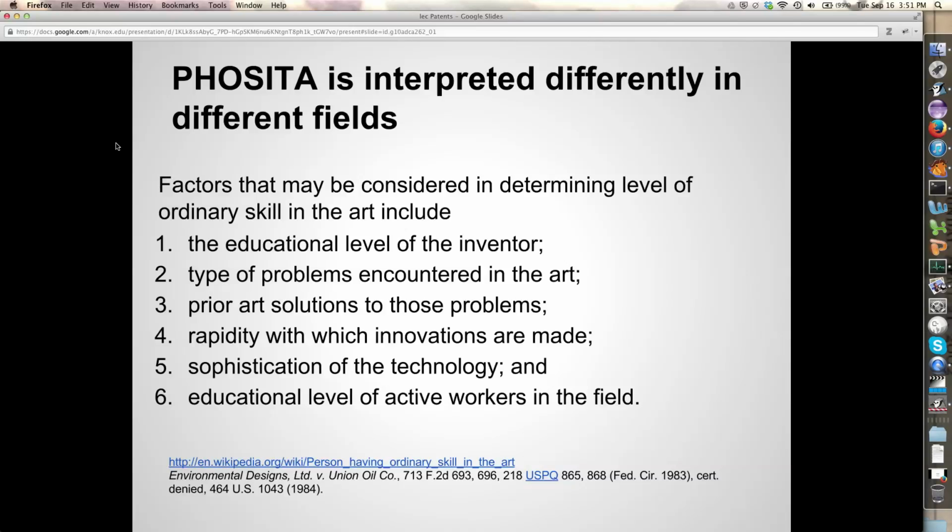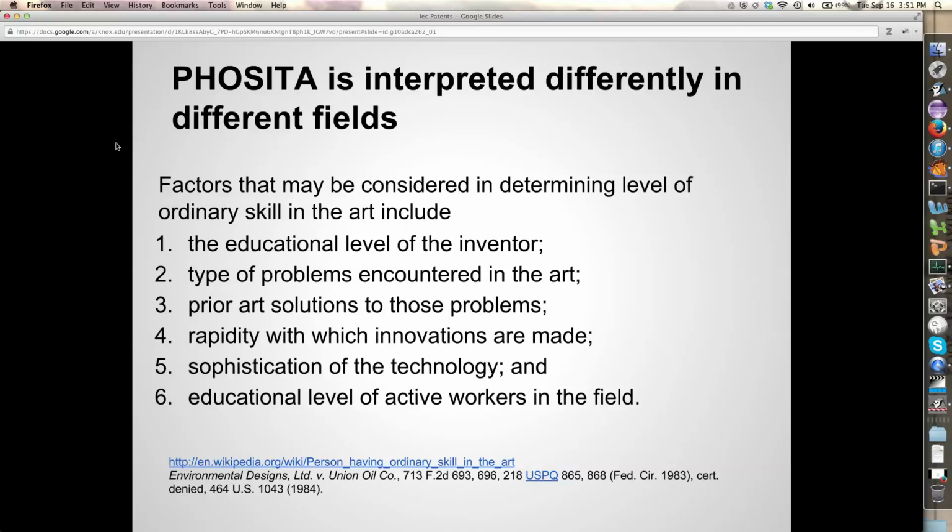The amount of education, experience, background, and equipment required for somebody to be described as having ordinary skill in the art is very different than if you're talking about computer programming, where, if you have a couple years of programming under your belt, you can actually do quite a lot of things. Not necessarily the case in every field.